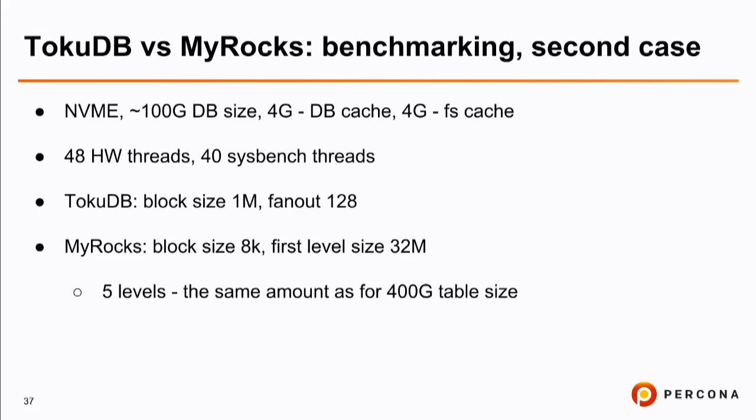The same amount of threads, but we changed the block size for TokuDB and increased fan out. For MyRocks, we decreased first level size to preserve the same amount of levels per table.